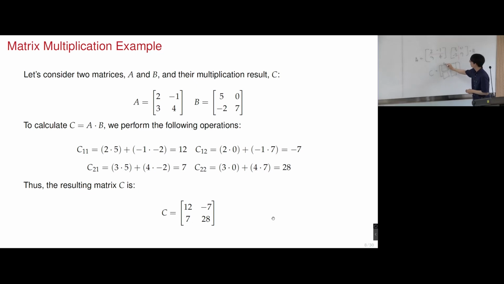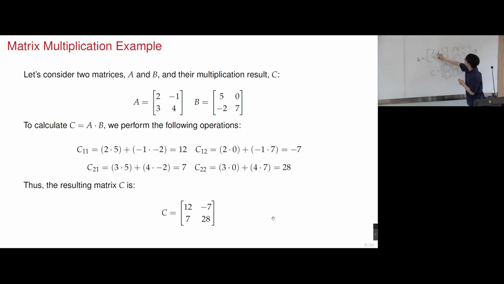We draw the line, and for this part, we multiply this by this, and this by this. So we're doing a row and column multiplication. For every left part, we draw a horizontal line, and for this part we draw a vertical line, and just multiply element by element here, and then add them up.